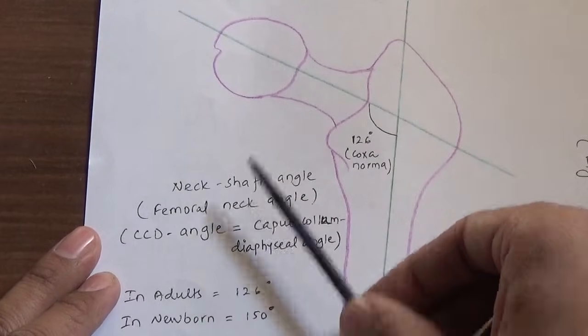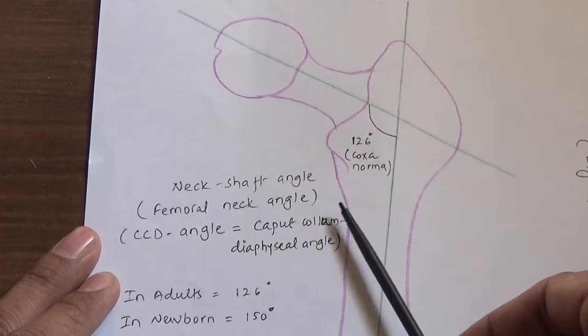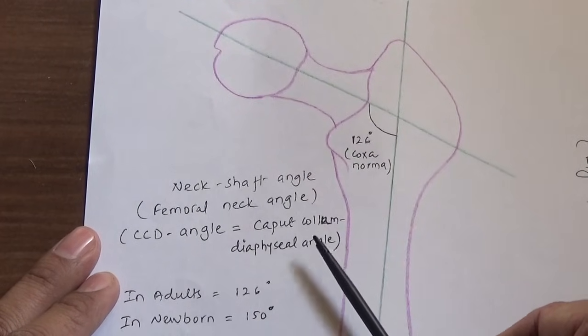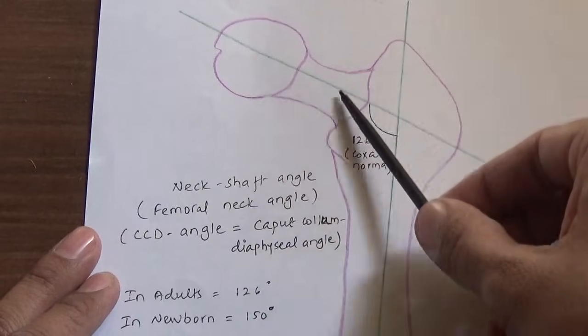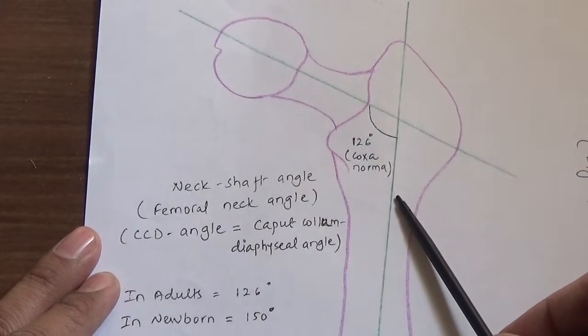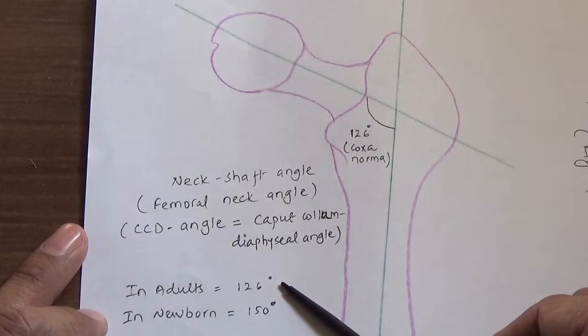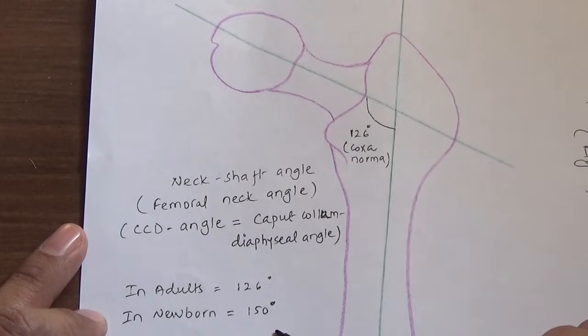It is also termed as neck shaft angle or femoral neck angle, or it is also termed as CCD angle, which means caput collum diaphyseal angle. So in adult it is around 126 degree, whereas in newborn the normal angle is around 150 degree.